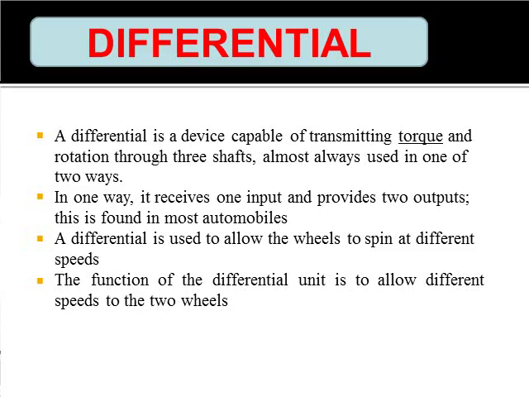The function of the differential unit is to allow different speeds to the two wheels, because while the vehicle is moving in a turning condition, on the turn path, the outer wheel should rotate faster than the inner wheel. That's the main function of the differential.